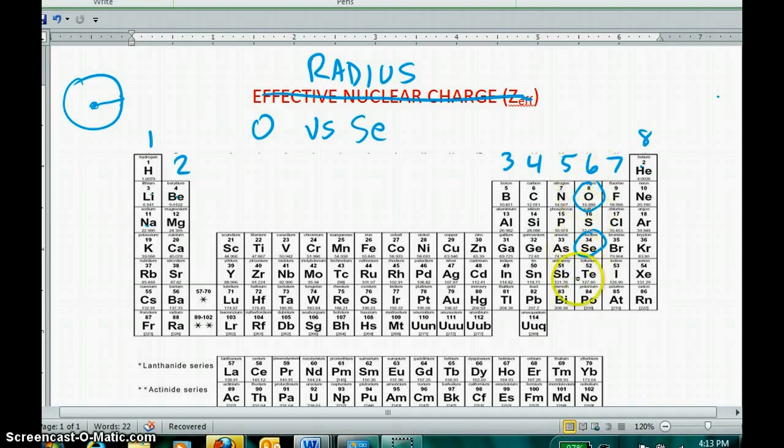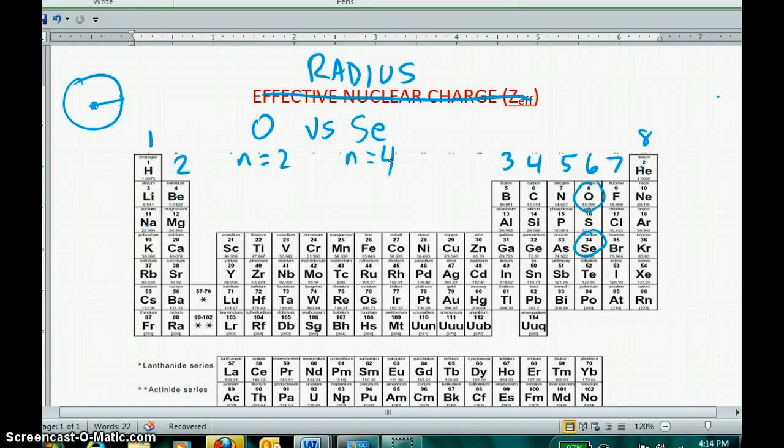If the atoms are in the same group, there's only one difference. They have the same number of valence electrons, and they have the same effective charge. We learned that on the preceding video. But the big difference is they have different valence levels. Oxygen is in the second period, so its valence level is n equals 2. Selenium is in the fourth period, so its valence level is much higher, the fourth principal energy level.